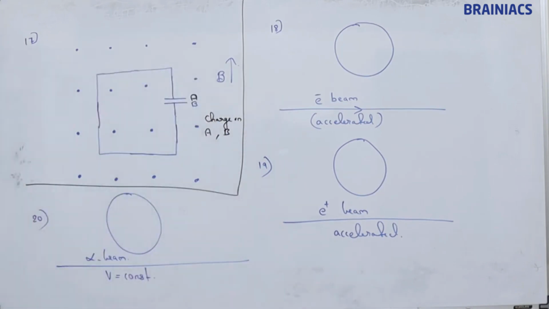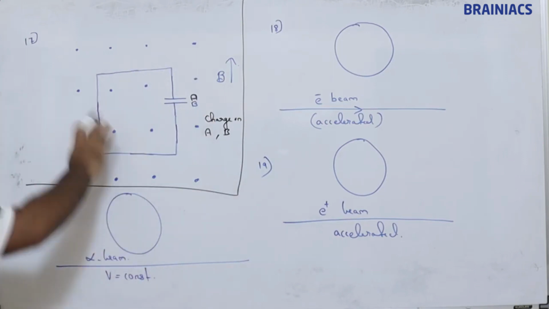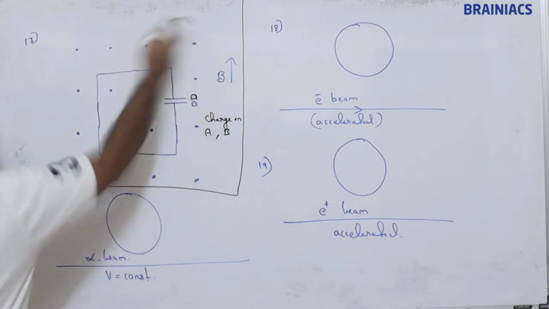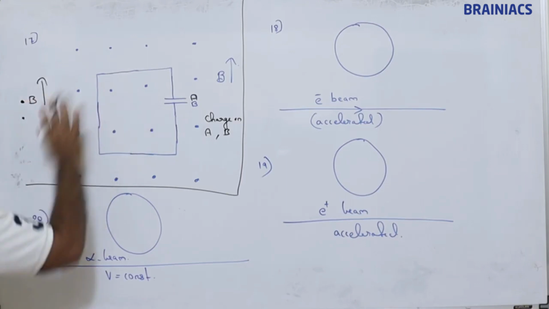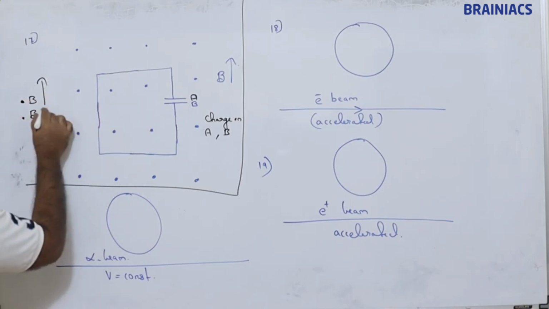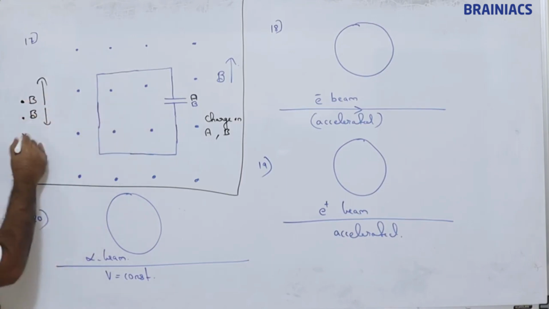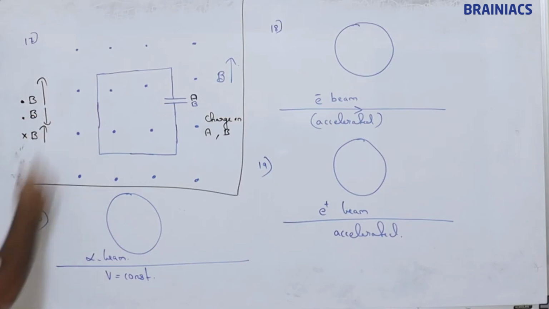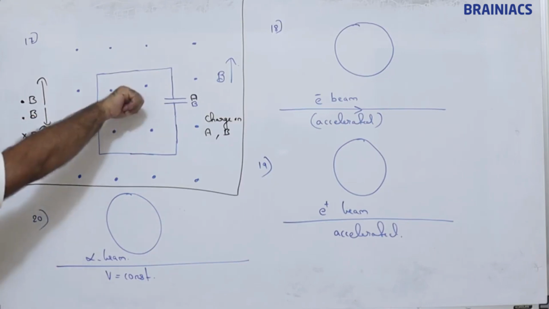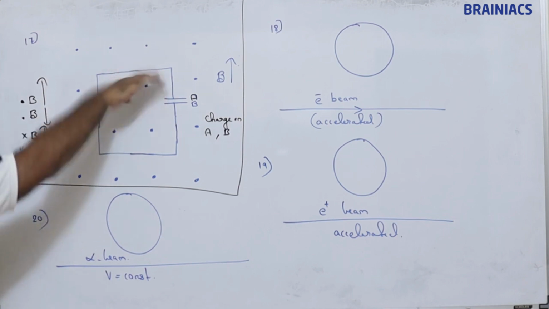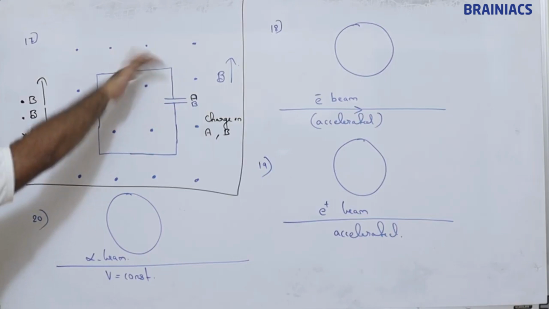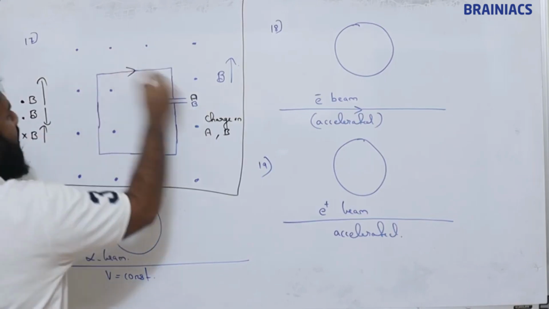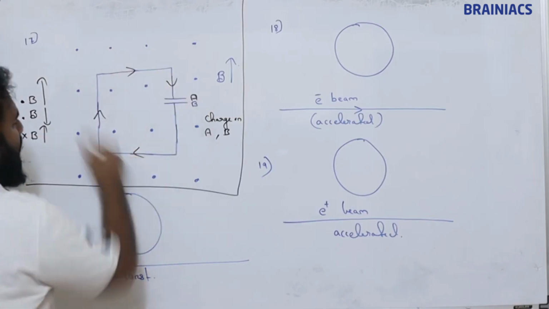Okay, done. Shall I try? Now dot magnetic field is increasing. So what will this current do? It will try to decrease the dot magnetic field by increasing cross magnetic field. Cross magnetic field means inside, so current direction should be this way.